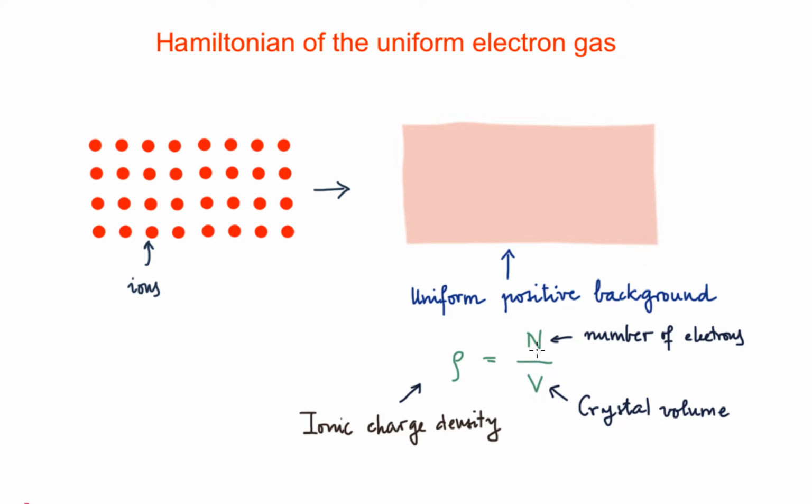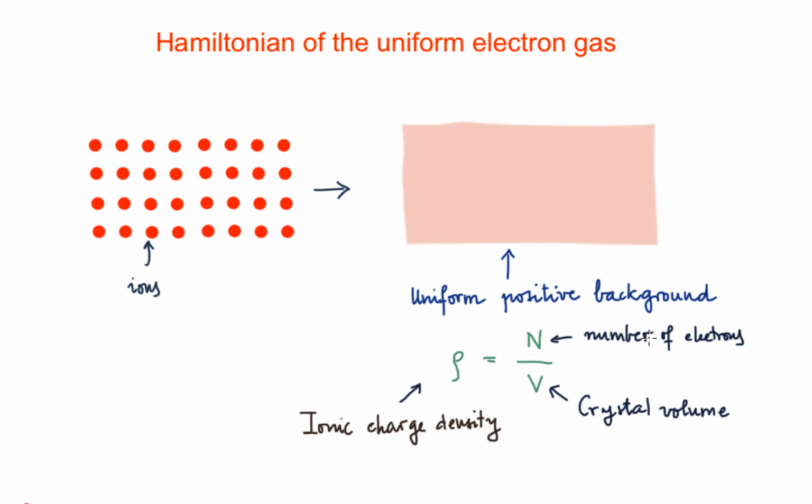That is the number of electrons times the charge of the electron, but in atomic units that is 1. So it is going to be N, the same as the charge associated to the ions or to the nuclei, over V, which is the crystal volume. So that's the ionic charge density we have for that uniform positive background.